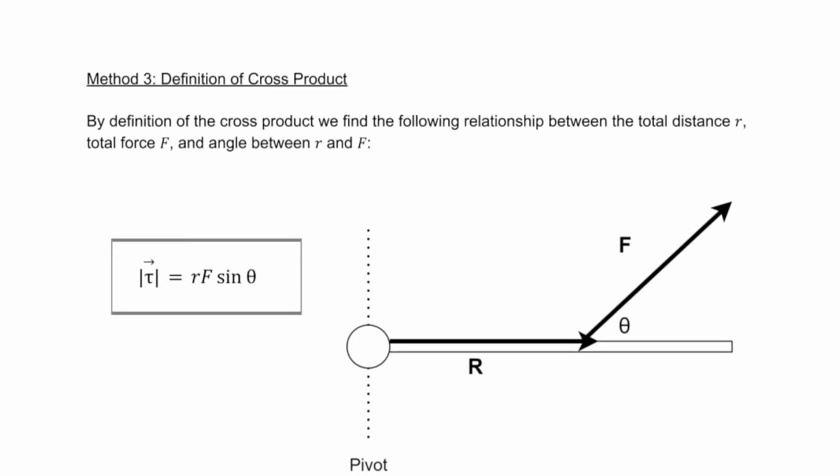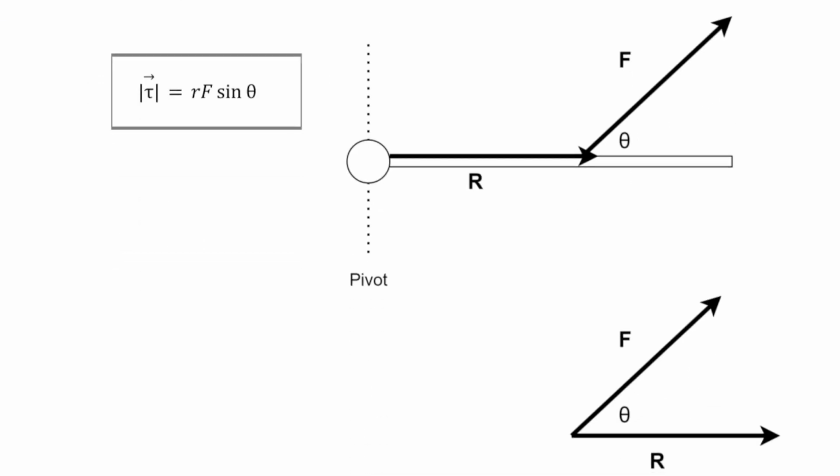Or if we just want to compute it and don't want to get fancy with it, we could just apply the direct definition of the cross product, which just says to find the cross product's magnitude, just multiply the two lengths together and tack on the sign of the angle between the vectors.